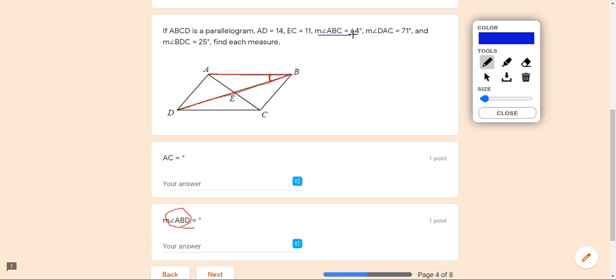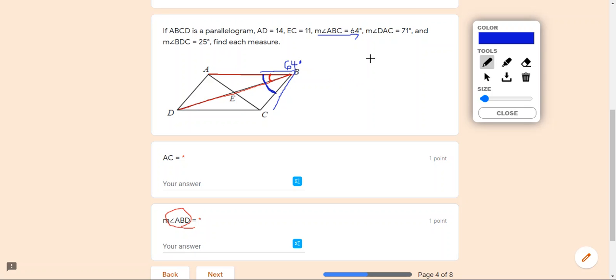We know that ABC is 64. That could be helpful. So ABC is this entire angle. So not just the red portion, but all the way from line AB to line BC. So that entire angle is 64 degrees. Now we need the little red portion of that. So that could be helpful.